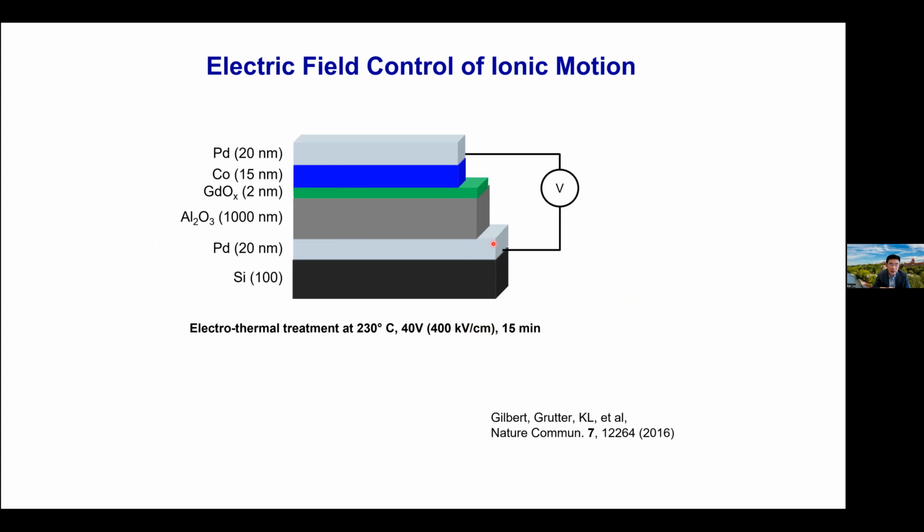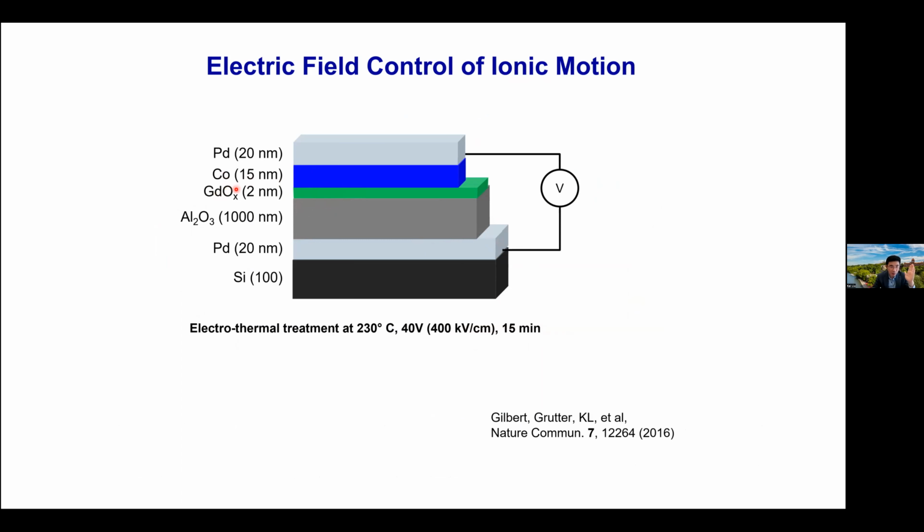And then we did a subsequent study to use electric field to drive the oxygen migration. And this was done in a system with 15 nanometer cobalt on top of an oxide layer. This is a much thicker ferromagnet compared to some of the earlier experiments I mentioned, cobalt gallium oxide.